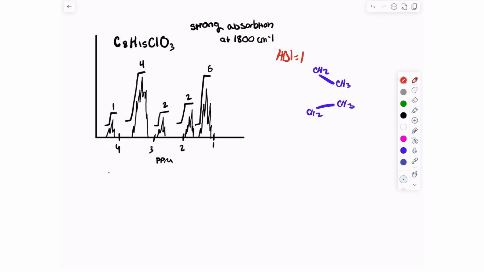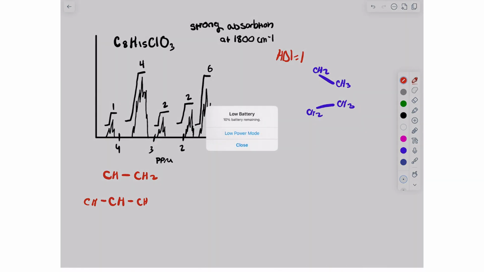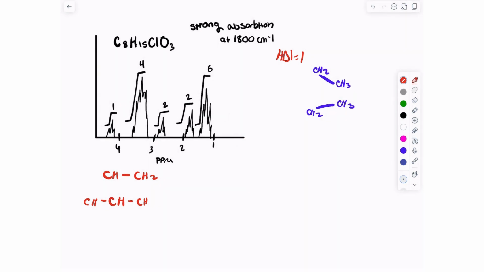So here we do have a CH that could be connected to a CH2 because it needs 2 neighbors. And it could be something like this as well, but it's less likely. So I'm just going to assume it's something like this.